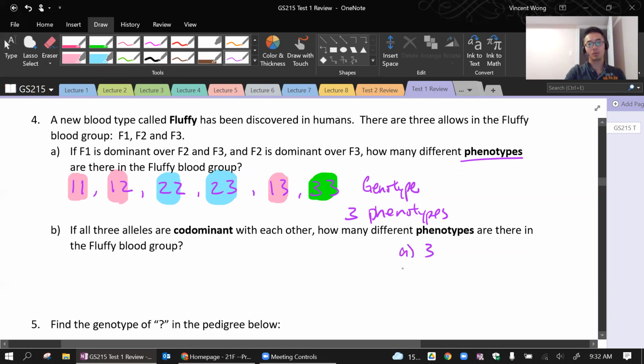If all 3 alleles are codominant, what would the phenotype be? Okay, I'm going to do a poll since none of you are saying anything.